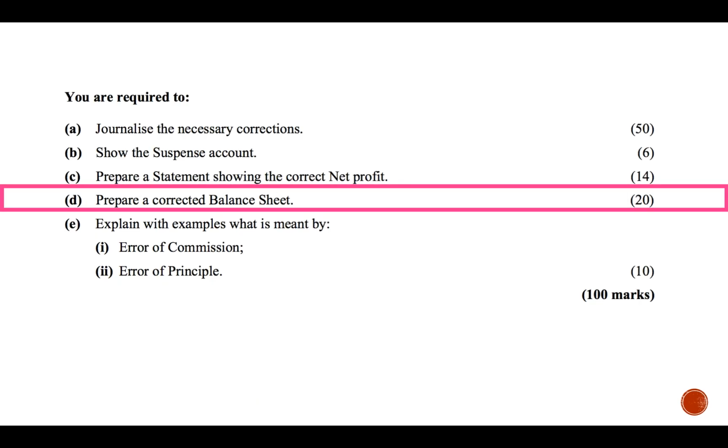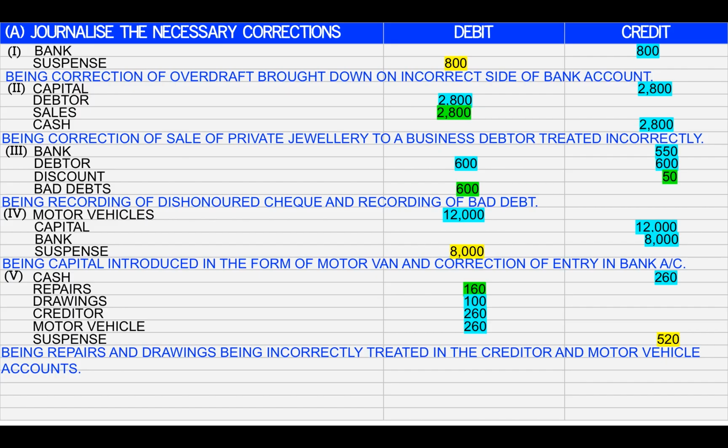So part D, prepare a corrected balance sheet. So for 20 marks. So you'll see the last figures that we have then are our balance sheet items. So you've got bank, that's a balance sheet item, capital, balance sheet, debtor, cash. You've got bank and 2 debtors, and then in number 4 you've got motor vehicles, capital and bank, and you've got in number 5 you've got cash, you've got drawings then, and you've got creditor and motor vehicle then.